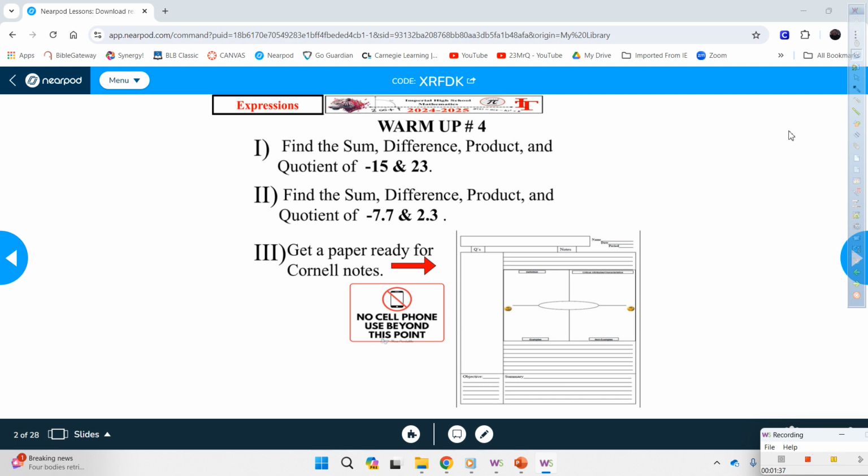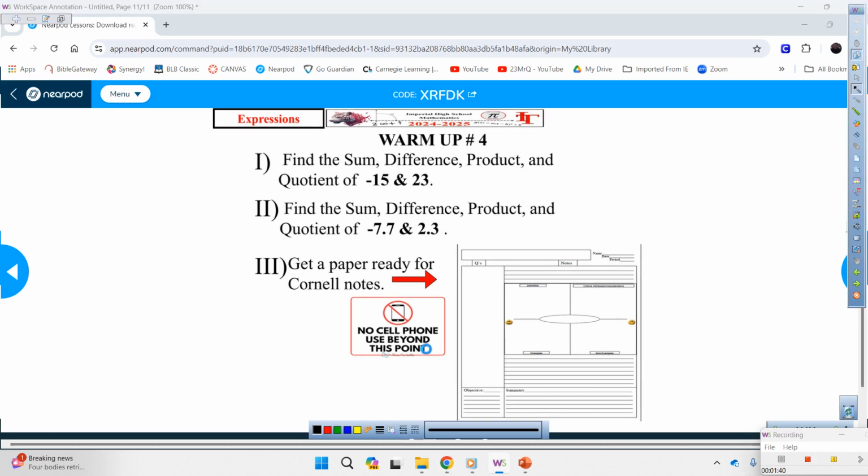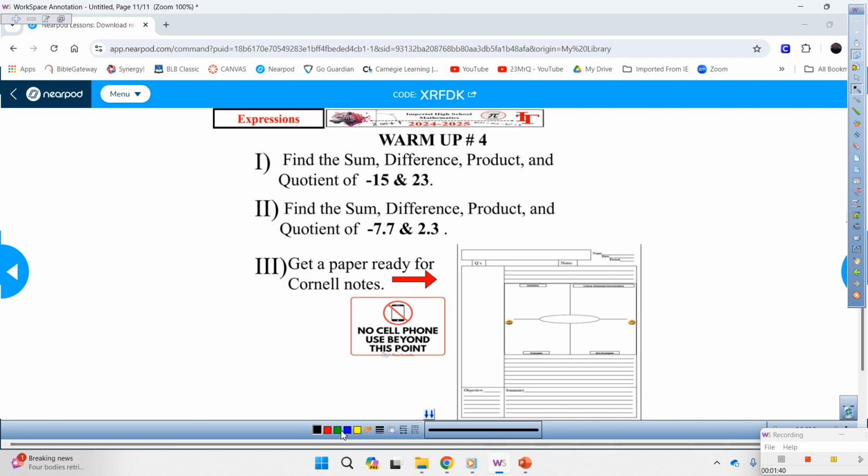For number 1, let's make it easy on this one. Let's do the quotient. Quotient for number 1, negative 15 and 23. What do you get for the quotient? Kelly, pick someone.